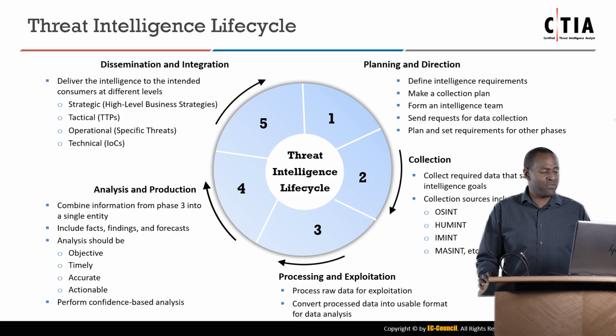So we combine the information from phase 3 into a single entity, get facts, findings, forecasts. The analyst should be objective, timely, accurate, and actionable. And this is why the security analyst needs to be a separate role, so we have more objectivity for that role. And then lastly, we want to perform confidence-based analysis.